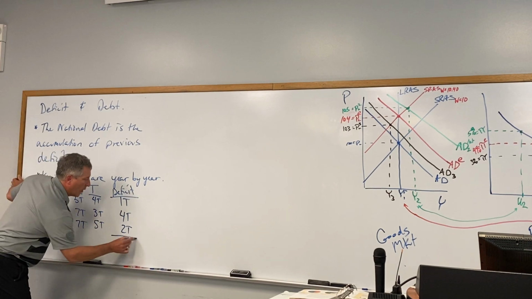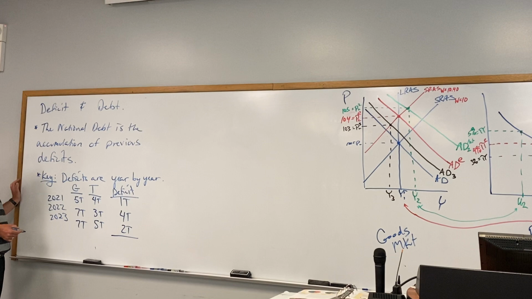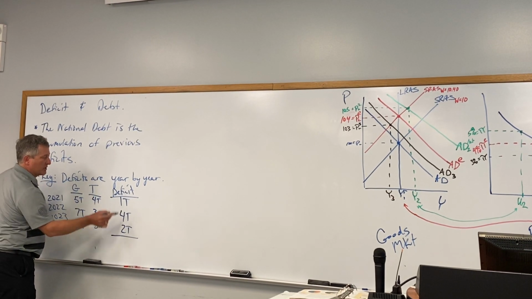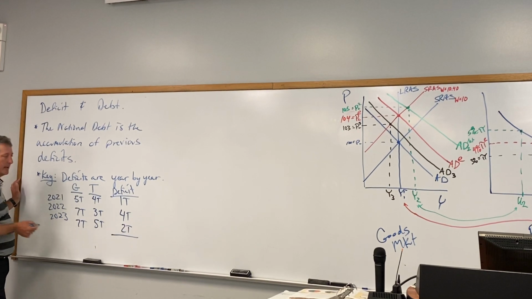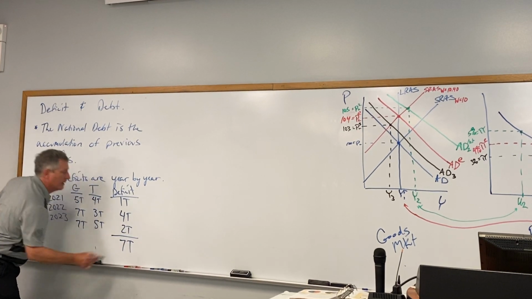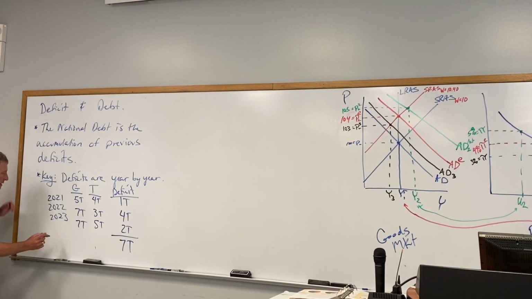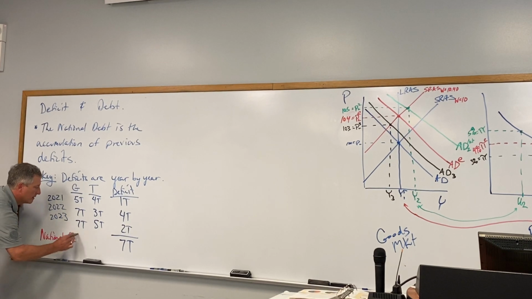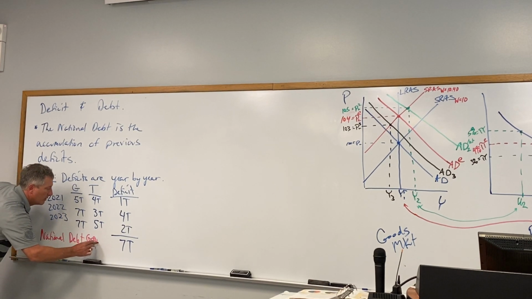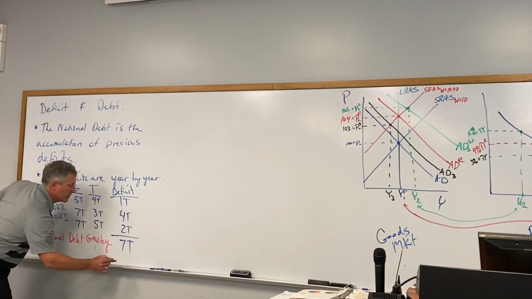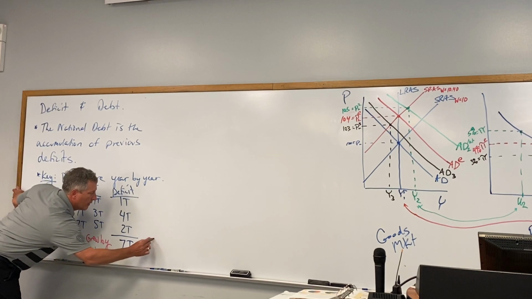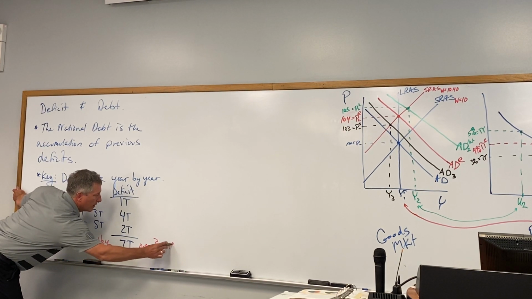So, over the 3-year period, we had the debt grow by 4 plus 2 plus 1 is 7 trillion. And so here, the national debt grew by 7 trillion over the 3-year period.